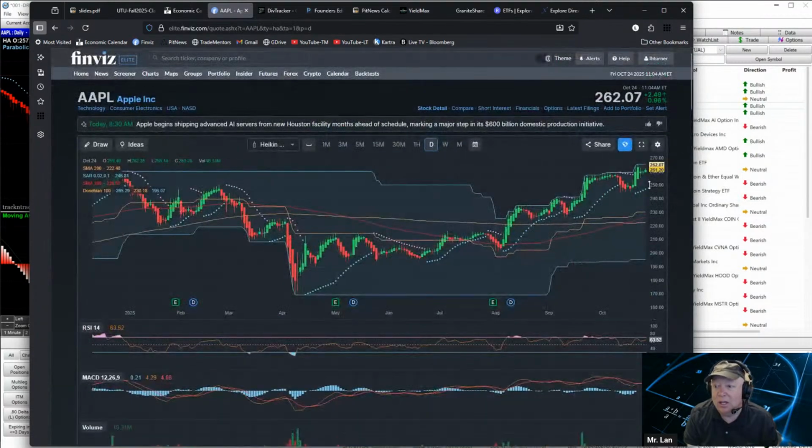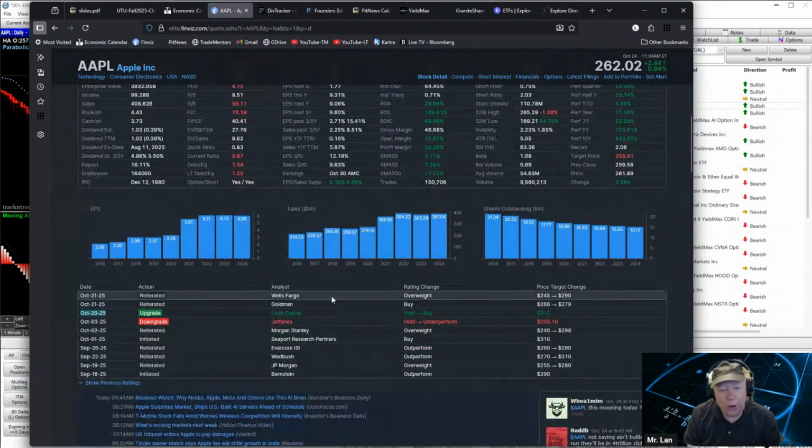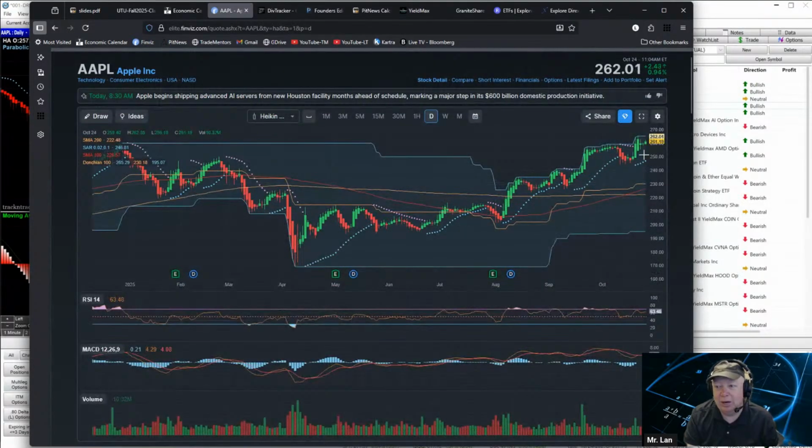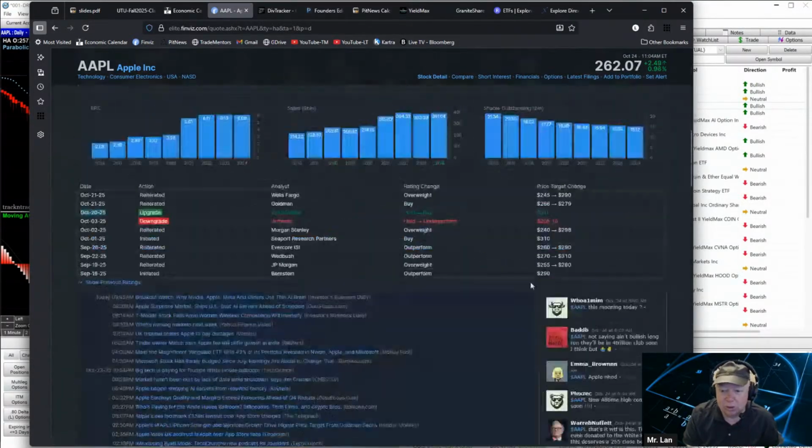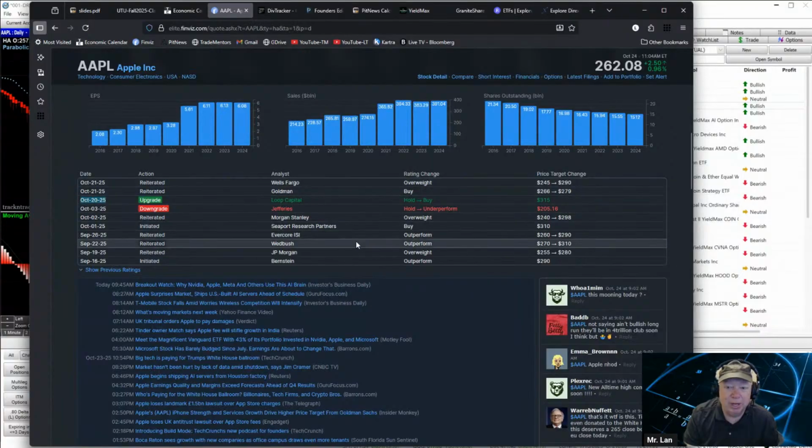It's currently trading at 261, so it's right dead center right now. So way to go, Wells Fargo. You're a real good guess there with a 245 to 290 price level, and it's sitting right between that right now. So that's basically worthless. Lots of these big banks are pretty much worthless. You can do better yourself.